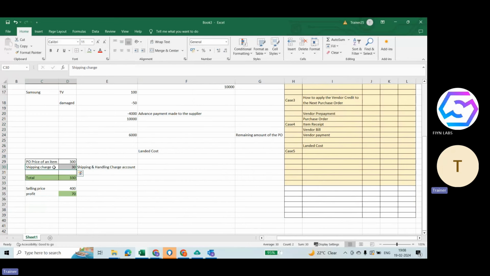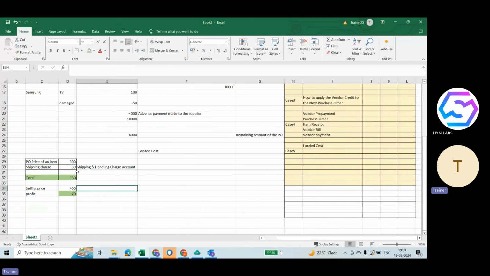They don't want to calculate on this, because their delivery charge can differ and that will affect the purchase price of the product. If I am buying an item at $330, it can be 340 next time, 370 the next time, so this will be misleading information for their product. So they track the shipping and handling charge separately.